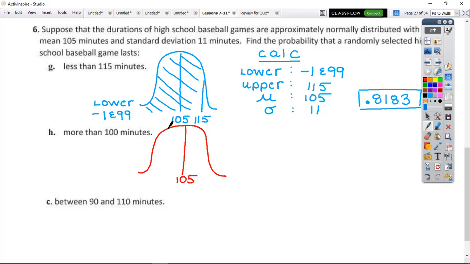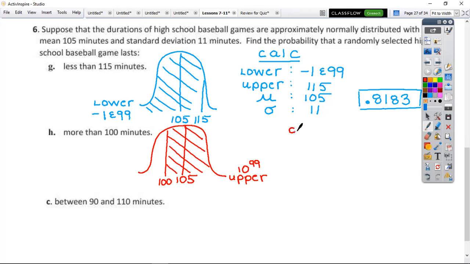And I would like to now be more than 100. So I am going to shade this direction now, the exact opposite of what we just did. So now what I want instead is an upper bound value that I will never exceed. So a nice standard value that we can use is 10 raised to the 99th power.